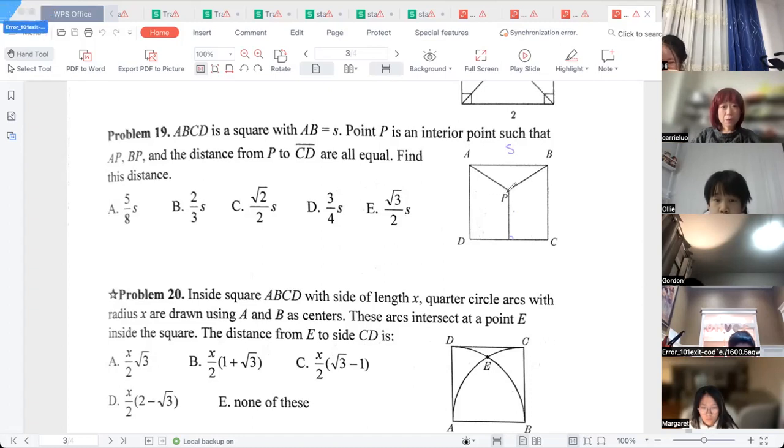So AP, BP, and PC are equal to each other. Okay, so we can just make this one X, correct? Because they're equal to each other. We want to find out X, using S to represent X. Correct? Okay, so I'm going to just make it half.